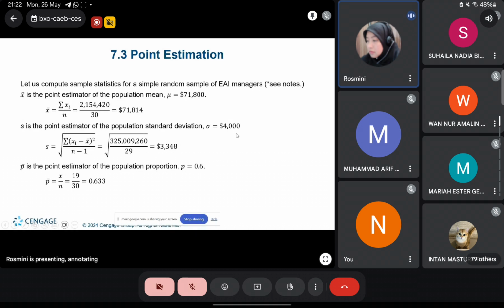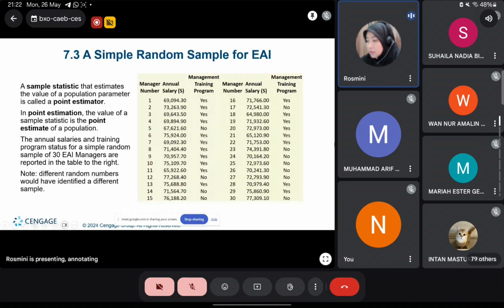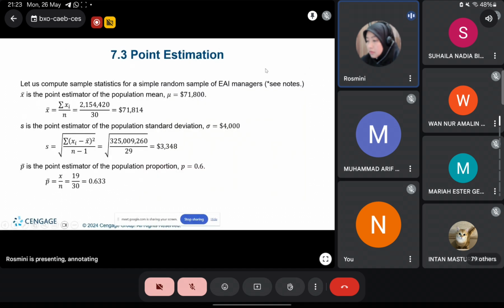So what about these 30 people here? What is the standard deviation? We know the average income is 71,814. That is the average salary for the 30 managers that we have chosen as sample. So what about the standard deviation?